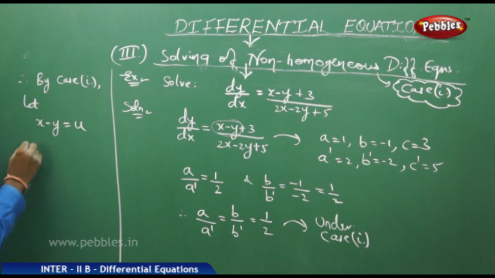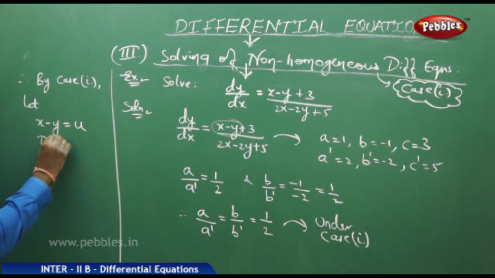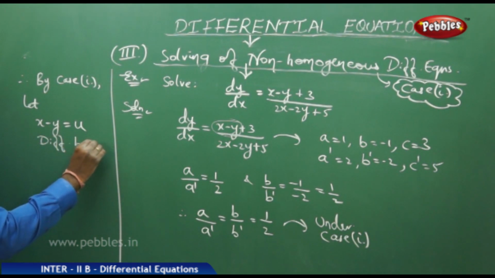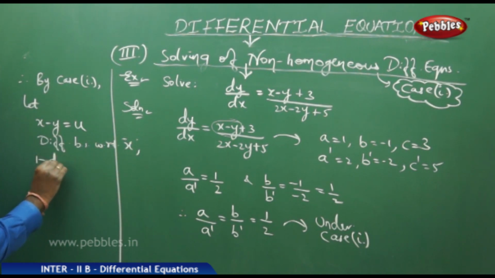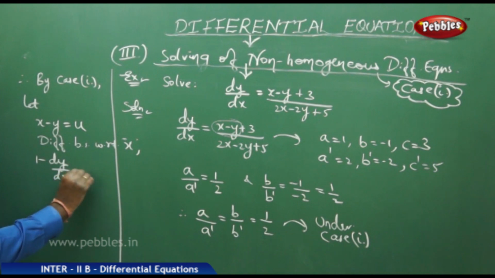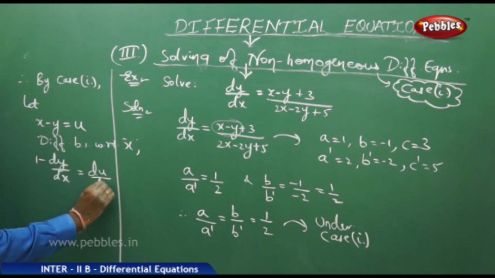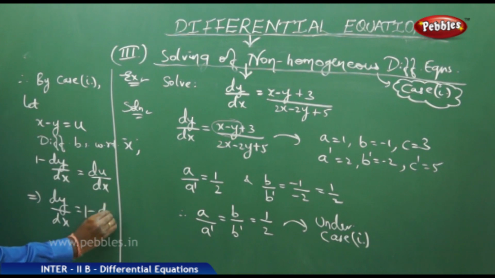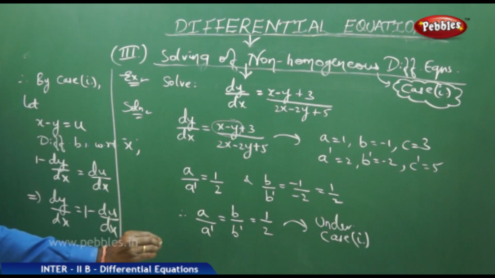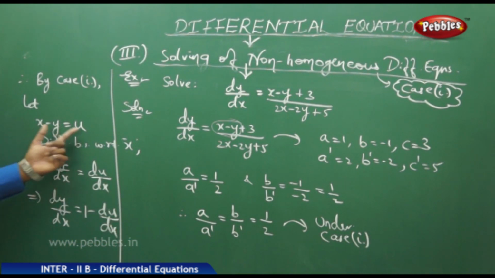Then in this case, differentiating on both sides with respect to x, we get 1 minus dy by dx equals du by dx, which on further simplification gives dy by dx equals 1 minus du by dx, and x minus y equal to u.